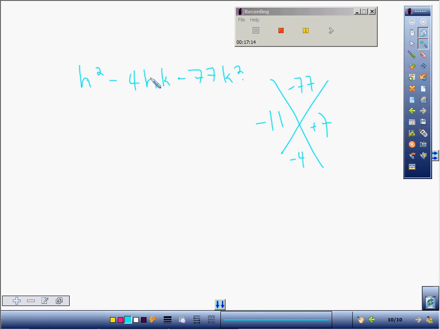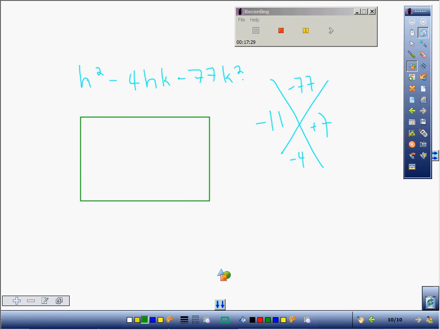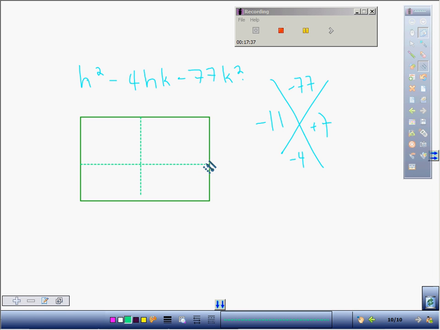Now, why is hk here? Because, let me just show you, okay? If I'm doing the box, this is kind of where you have to look at the box as well. If I put the h squared in here, and the minus 77k squared here, what has to go here and here?